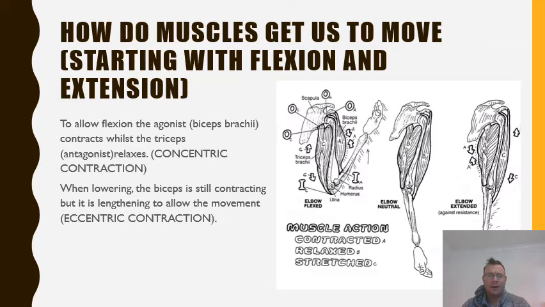So to allow that movement to happen, the tricep, which is the C in that first picture on the left hand side, has to relax and lengthen. Now, where you can see the elbow extended on the right hand side, that tricep is actually active to allow that active extension, and the bicep C is now stretched.